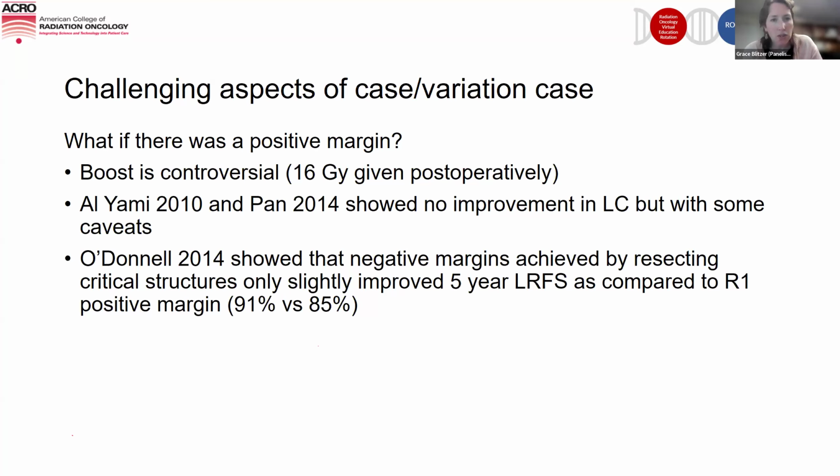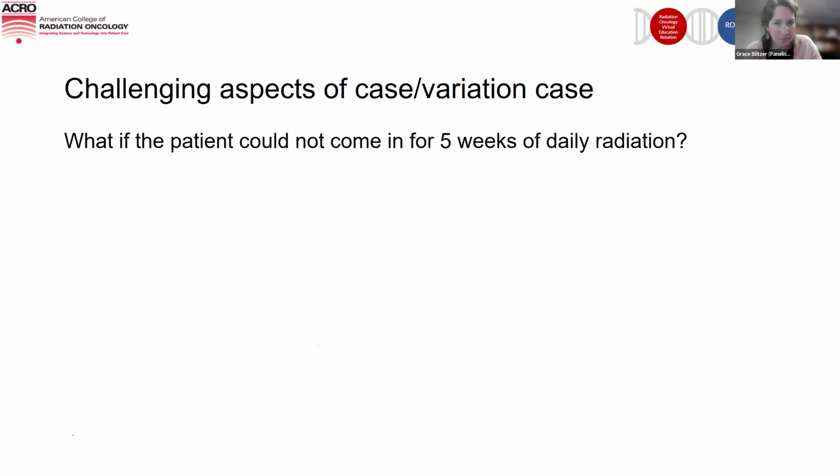It didn't improve the local regional failure much. So resecting a femoral nerve because of an R1 probably doesn't buy much, and we can worry a little bit less about that positive margin. So something to think about. You do not have to knee-jerk, positive margin means boost. But there are nuances there.